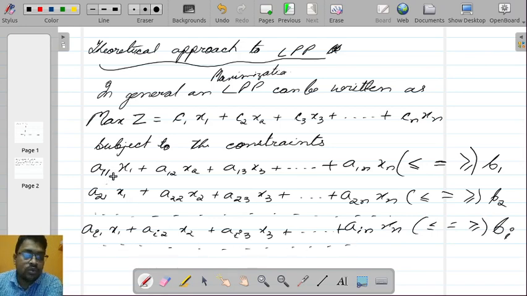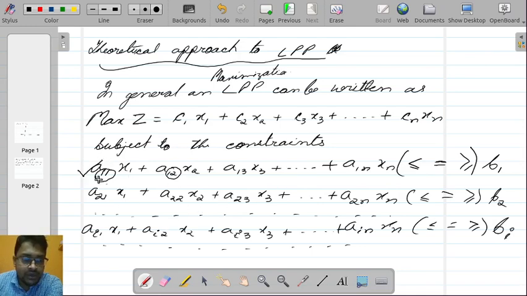So for i equal to 1 I get the first constraint, for i equal to 2 I get the second constraint, and so on. We actually require two indices, because one index is not sufficient: we need the index for the ith constraint as well as for the jth variable.